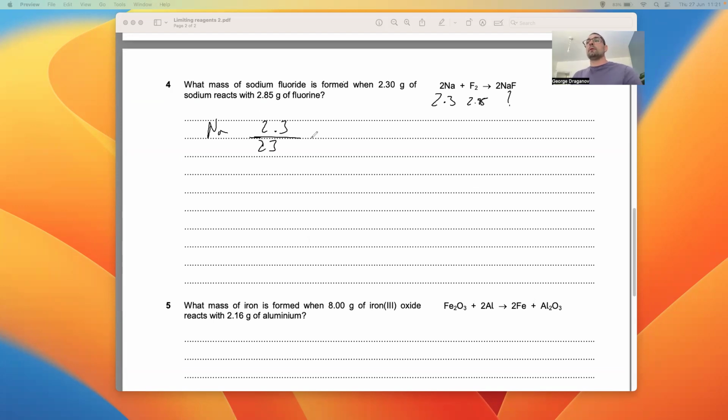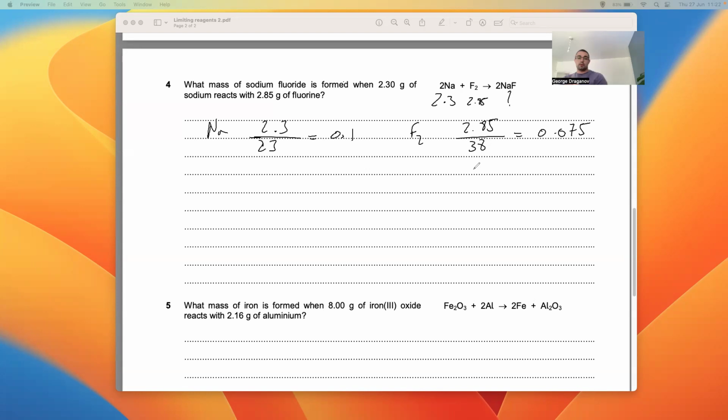If you look it up, it is 23, and you get 0.1. But then for the other one, you need to do F2, which is 2.85 over 19 times 2 is 38. Remember, little numbers are the only ones that count when you do AR or MR. That will give you an answer of 0.075.